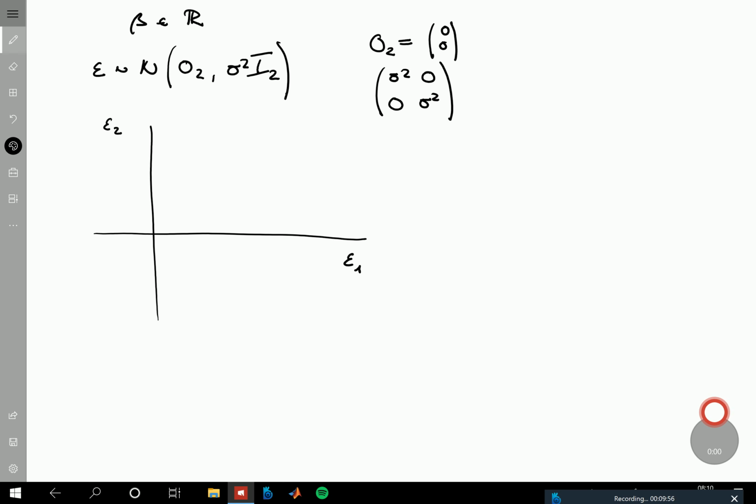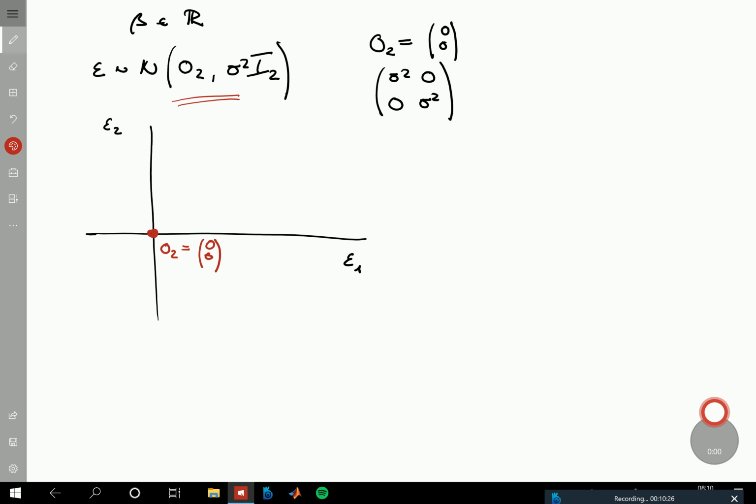And the expectation for these two axes is obviously at 0, 0. So this would be our O2 here, which is actually 0, 2. Sorry, it just looks like O2. So that's 0, 0. And now imagine we take samples from this bivariate Gaussian.